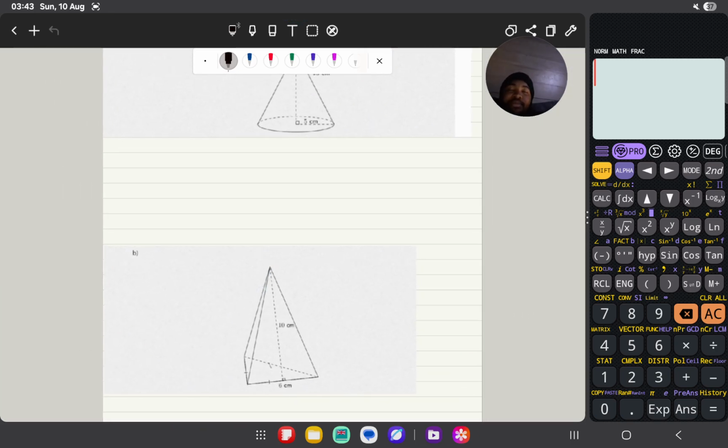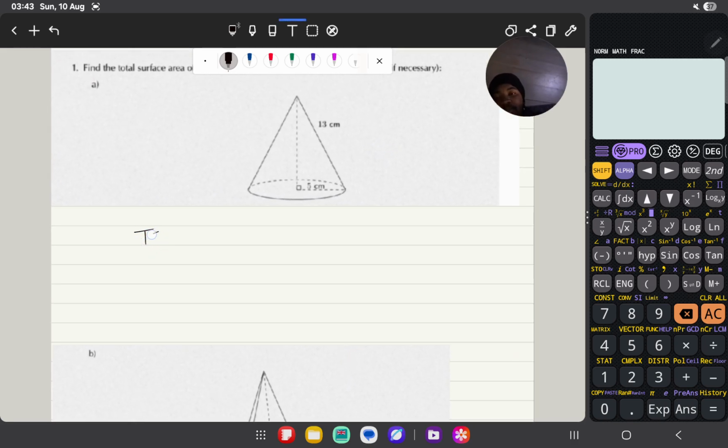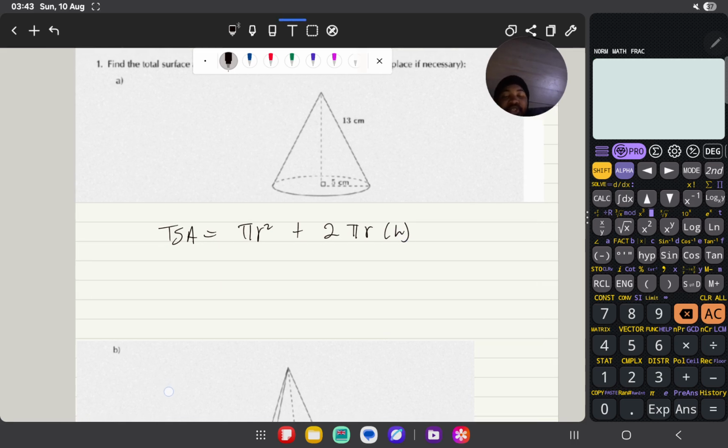We have a cone here. Funny thing is, I've already forgotten the formula for the cone. Let me see. Yeah, total surface area. Oh no, I think I remember it. We have pi radius squared plus 2 pi radius times height. I think so.